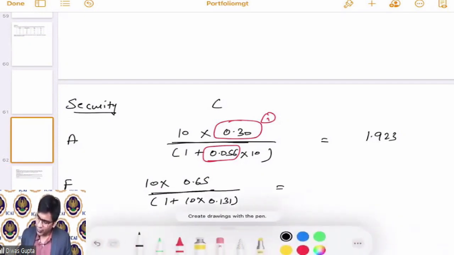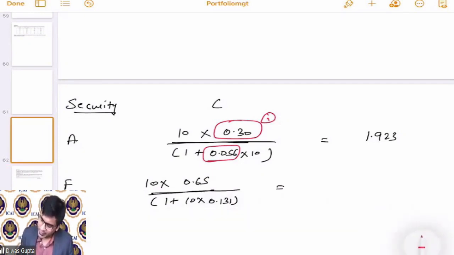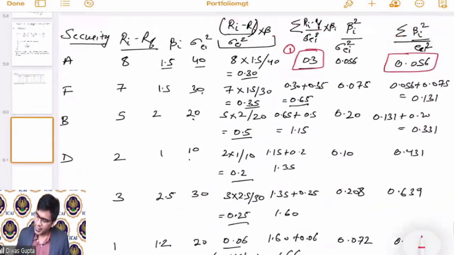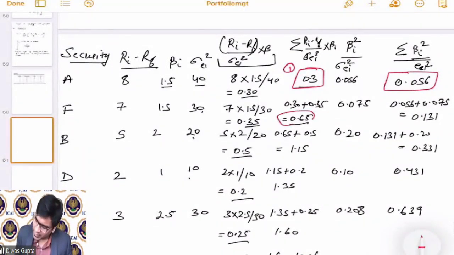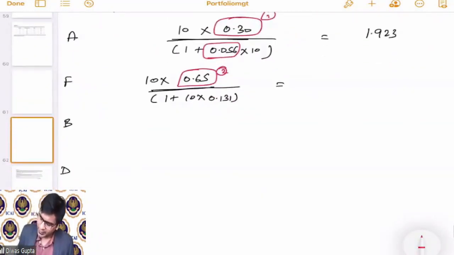Now here also, where these values are coming from: I am putting this as the second reference, and the numerator is coming from here, and the denominator part is coming from here, 0.131.